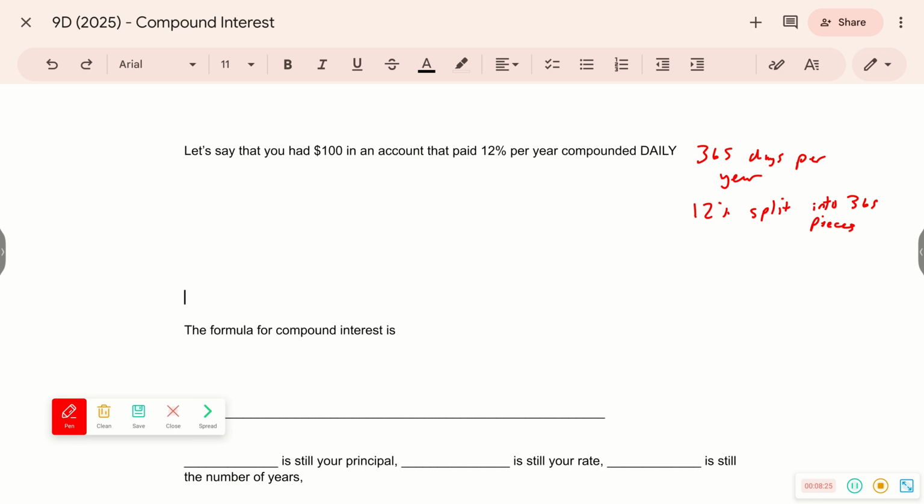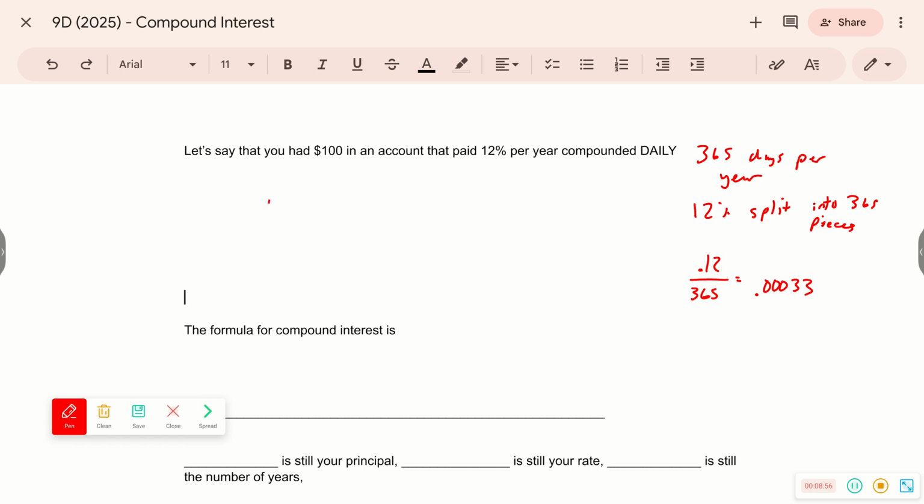If we take that 12% and divide it by 365, so 0.12 divided by 365, we get something really low, approximately 0.00033. Let's round it to that.